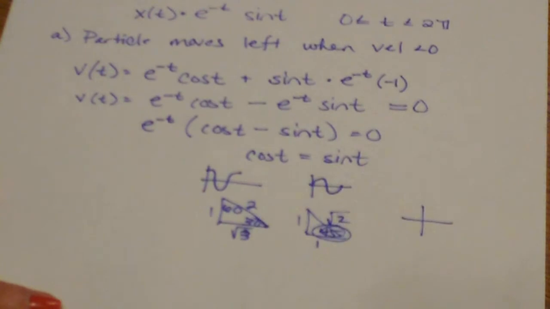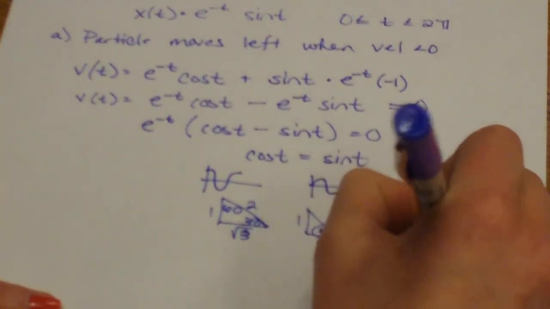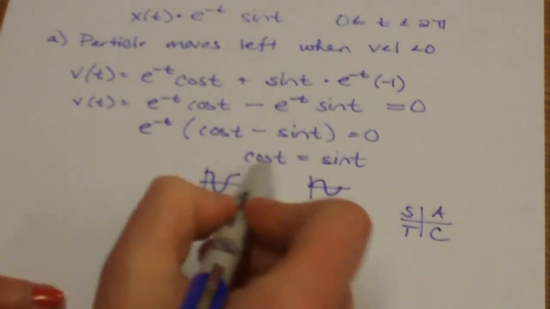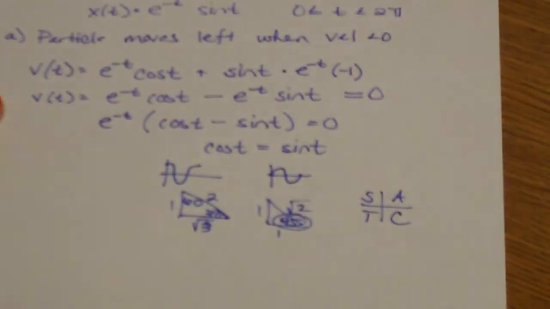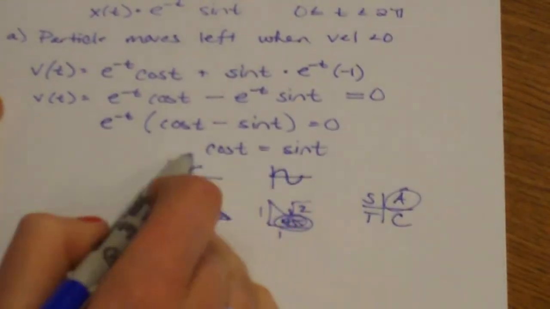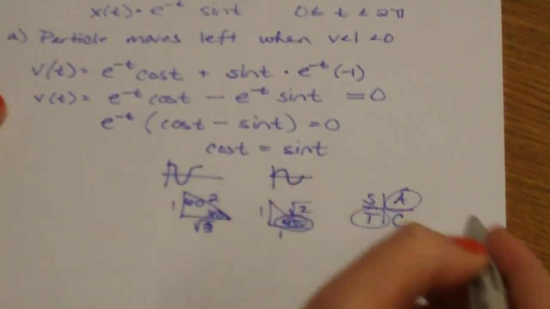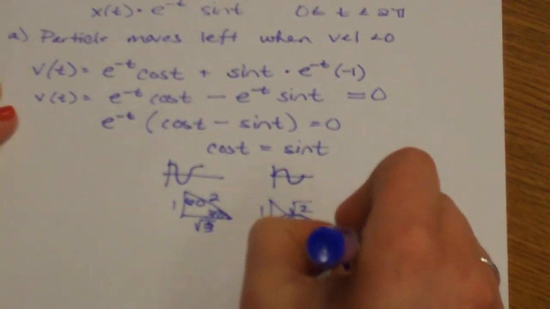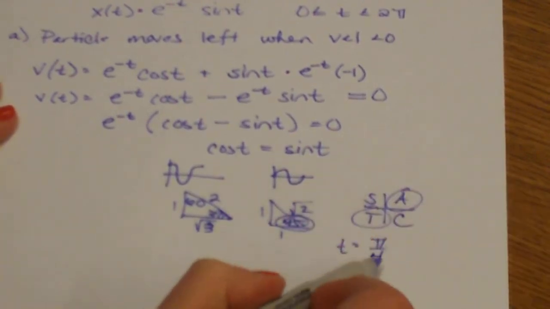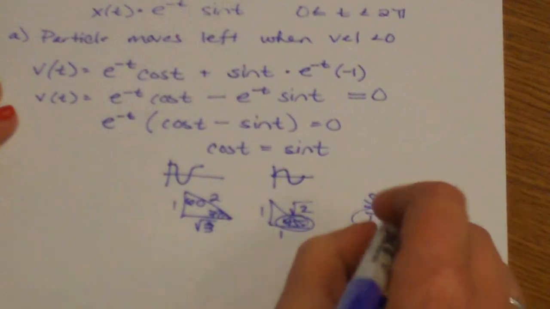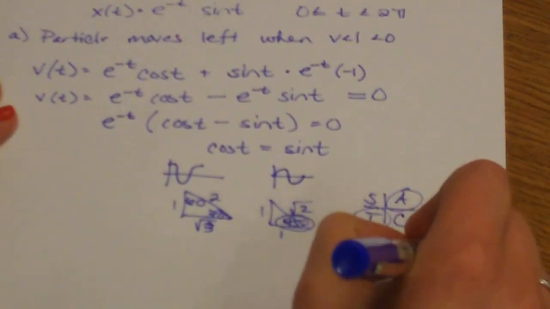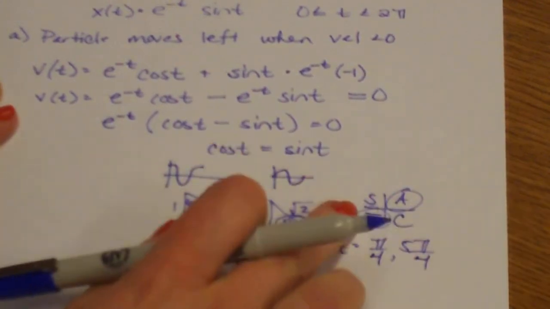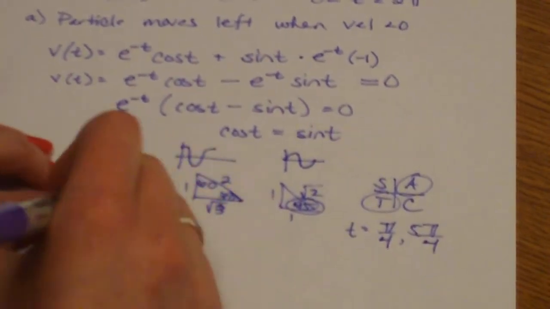Now, if I look at my quadrants, sine and cosine are both positive in quadrant 1, and sine and cosine are both negative in quadrant 3. So I'm saying when t is pi over 4, 45 degrees in quadrant 1, and then 5 pi over 4, that's 45 degree reference angle in quadrant 3.